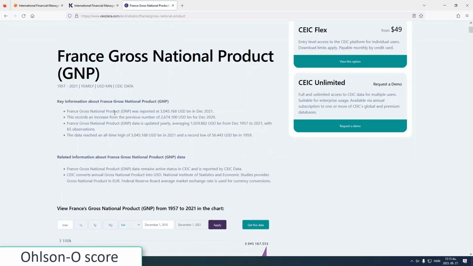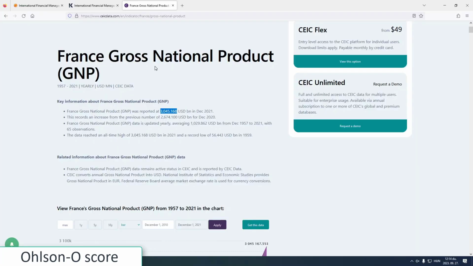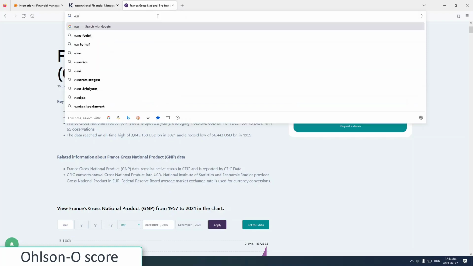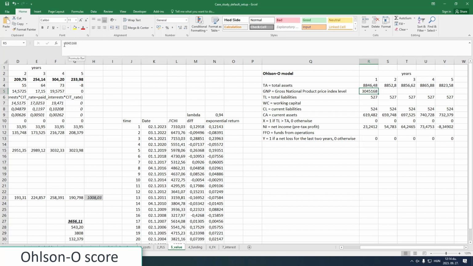What do I need? Gross national product. It's in US dollars, so cute. Okay, let's use this one. And this is in billions, so if I'm adding this here, this will be million. But it's in US dollars, so we have to convert it back. $1.6.